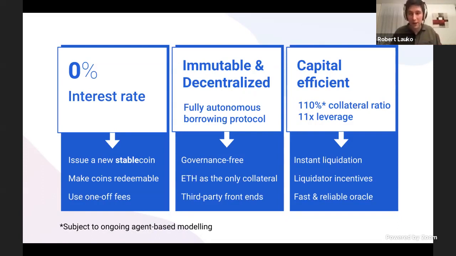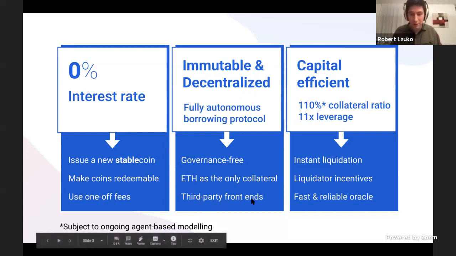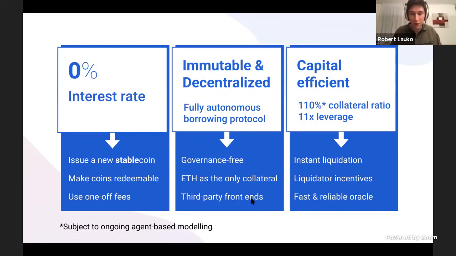We are not relying on any kind of token that may be subject to some centralized influence. And we go one step further by making it so that third parties can run front ends, and they are even incentivized to do so, so that nobody can easily shut down our servers, because we won't even run our own web interface. We are focusing on building the protocol and then releasing it into the wild.